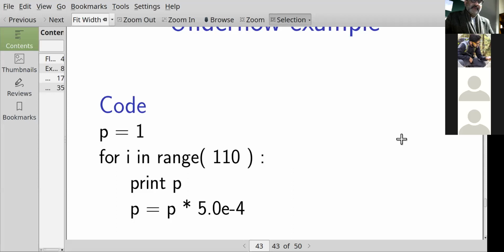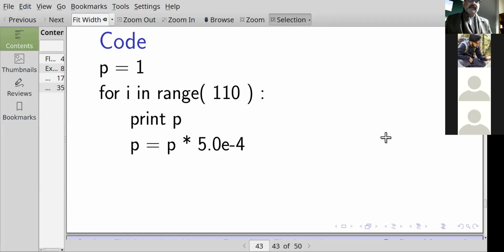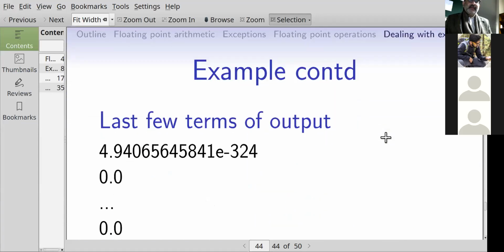We'll see what P is. And P then, the next P, so we're getting a whole bunch of values for P. I'm going to multiply the preceding P by 5.0 times 10 to the minus 4. Okay. So what happens?